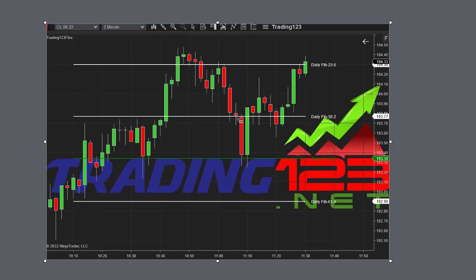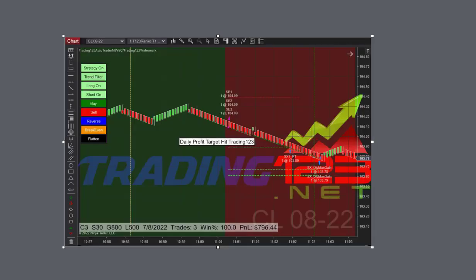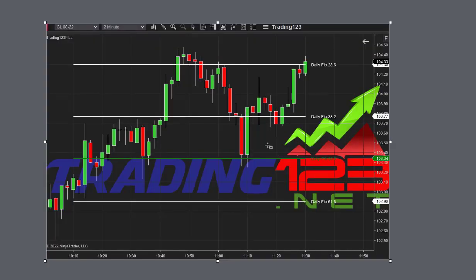The 103.77 was a fib area, so we got out at 103.79, right near the fib level, and then it sunk back down, and now you're at a support level.